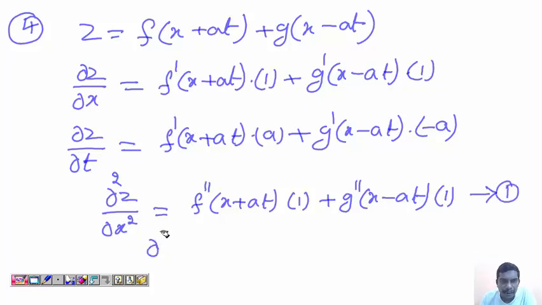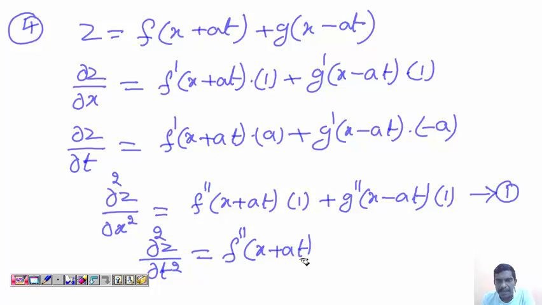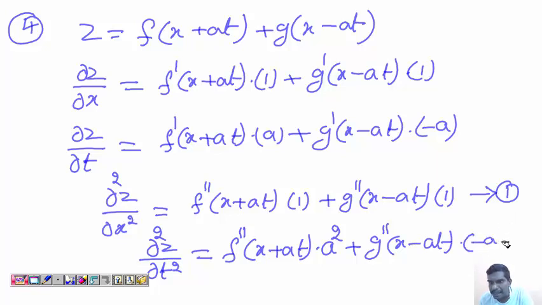Same way, the second order differentiation, dou square z by dou t square, which is equal to, if I differentiate once again, this is a f double dash of (x plus at) into, already one a is there. Once again, if I differentiate, it becomes a square, because one more term of a will come. Plus g double dash of (x minus at) into minus a the whole square.